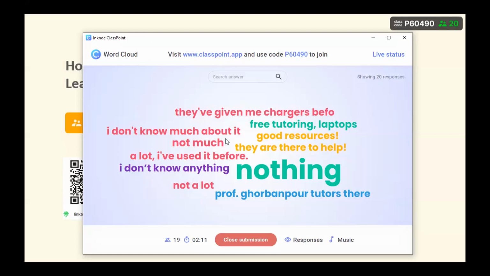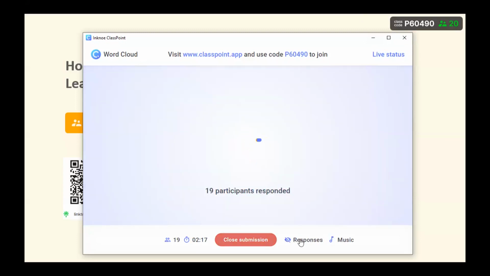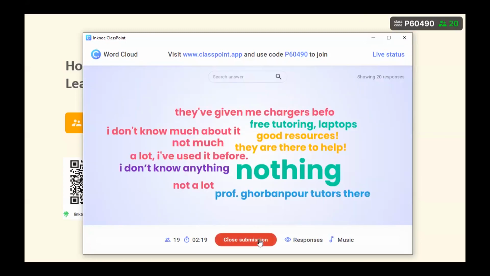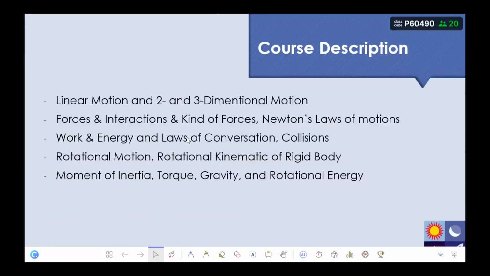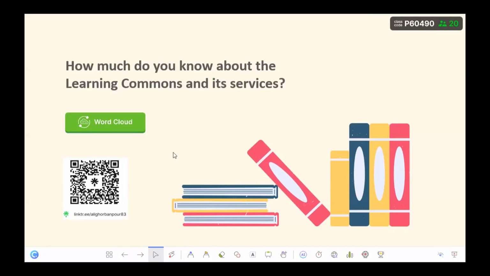Let me close this. You can find all information about the Learning Common by scanning this QR code.